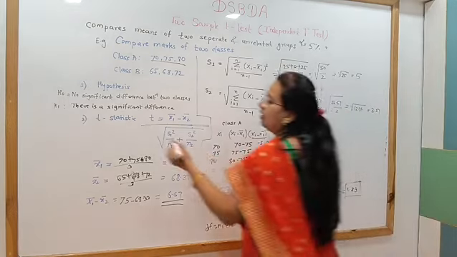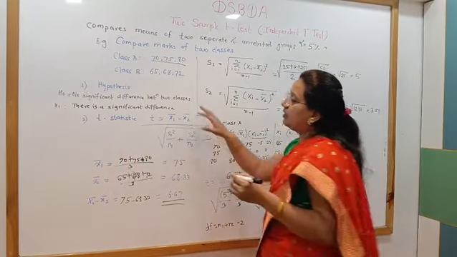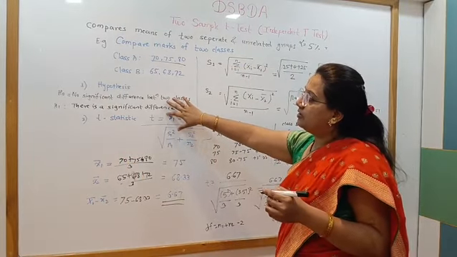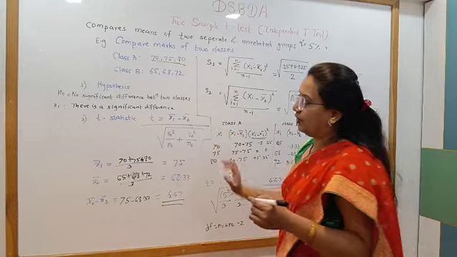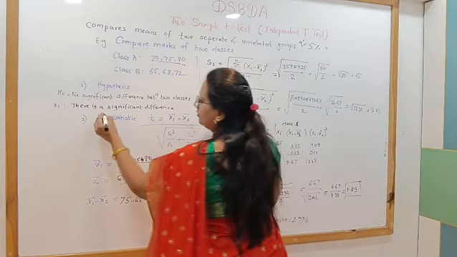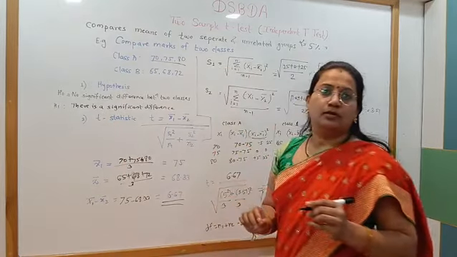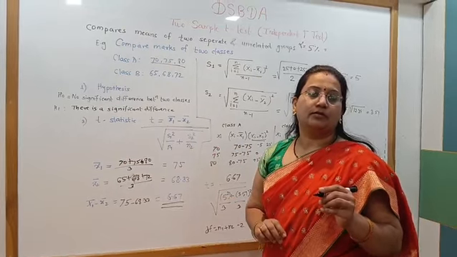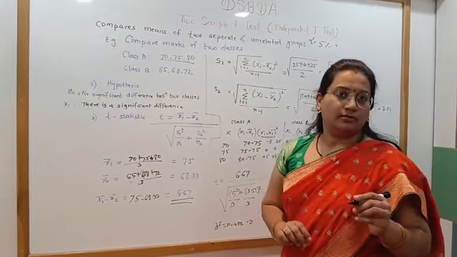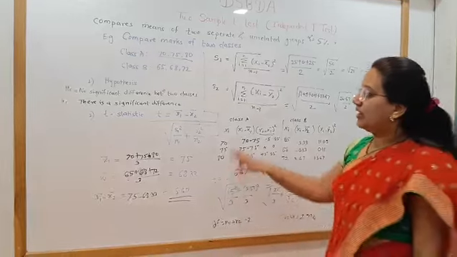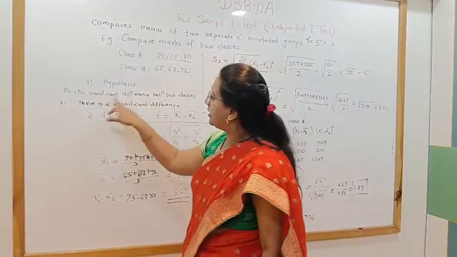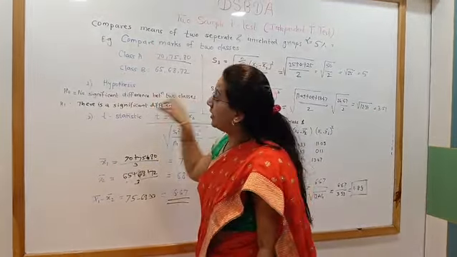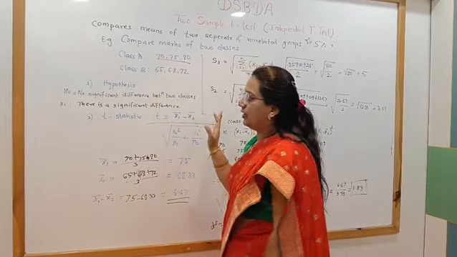As we use the symbol not equal to in the H1. Here H0 we write as no significant difference between two classes, and H1 is there is a significant difference between two classes.